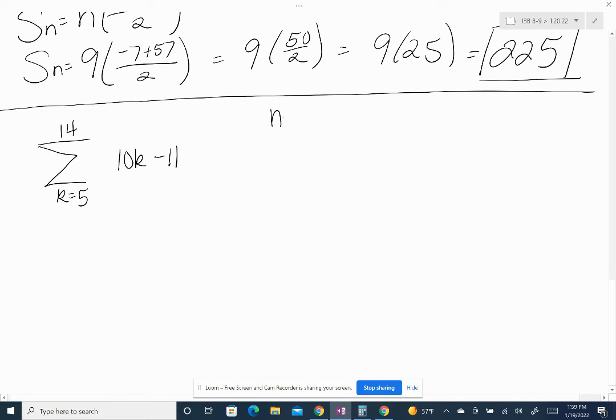Okay. So same thing, n is going to equal the top number minus the bottom plus 1. So 14 minus 5 plus 1, that's going to give me 10.